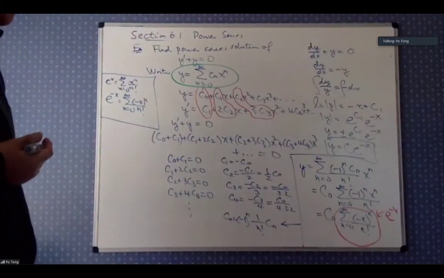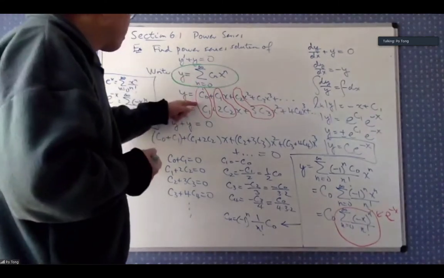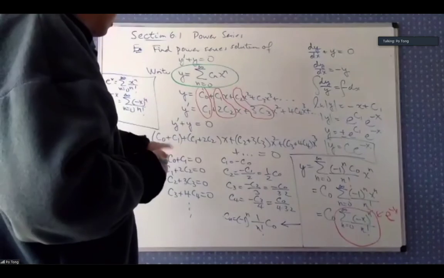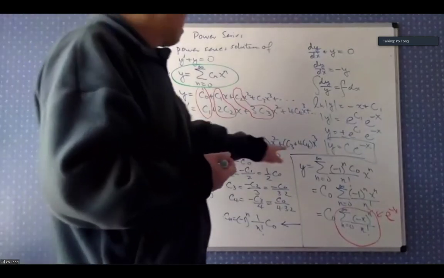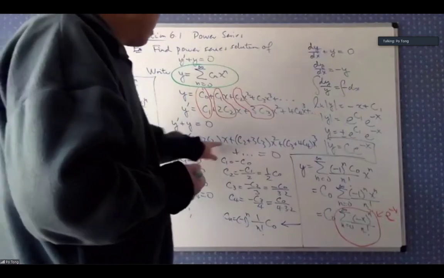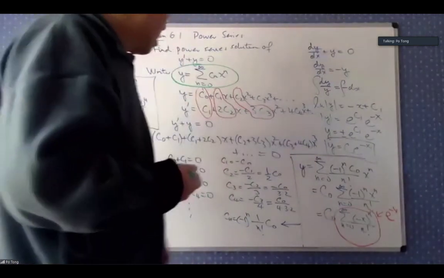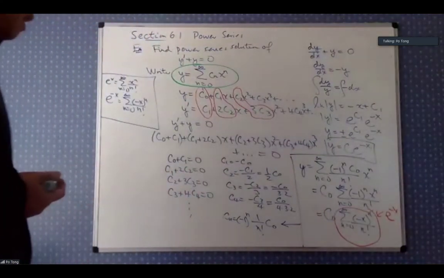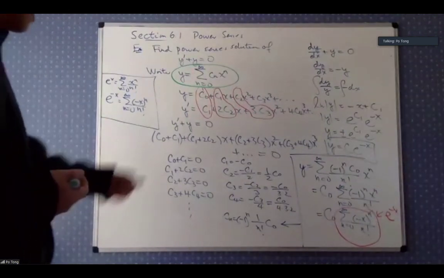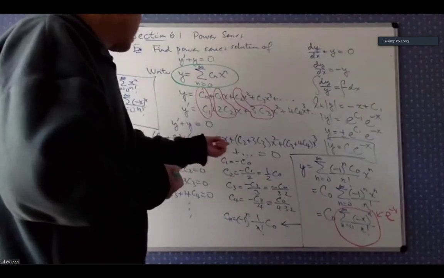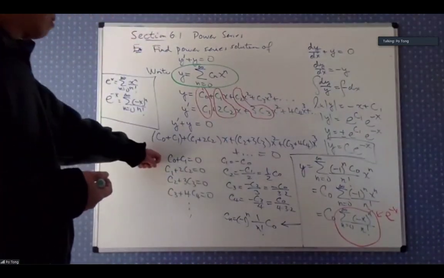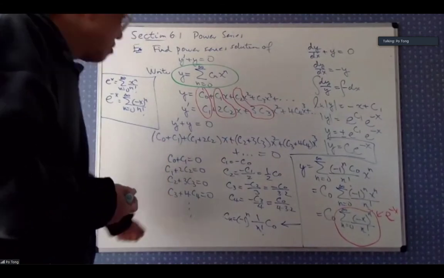And then you start to take derivatives and plug it back into the original equation to get some relationship between these coefficients. When this polynomial equals 0, that means all these coefficients are 0.